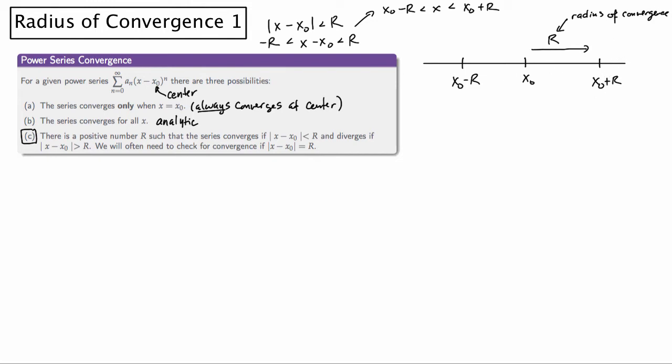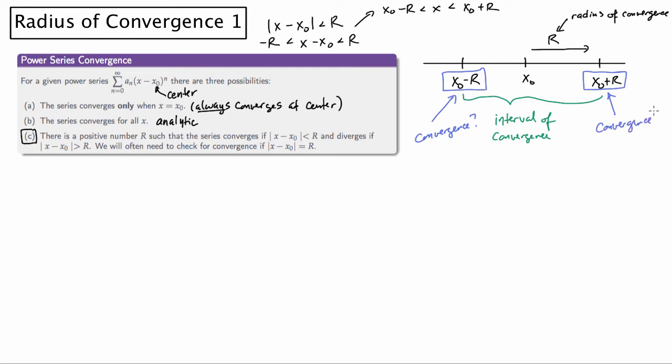And what ends up happening is on my radius of convergence, on this interval called the interval of convergence, the representation works, and oftentimes I'll need to go in and check specifically, do I get convergence at these endpoints? So I'll have to specifically check the endpoints for convergence. But if I know r is my radius of convergence, then I know that I get convergence up until the point x naught plus r, x naught minus r on my interval of convergence, and I might have to check the endpoints.